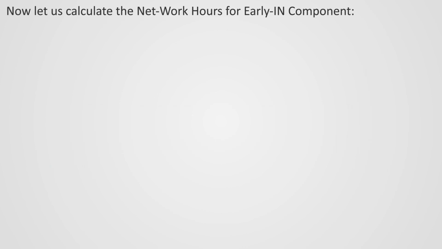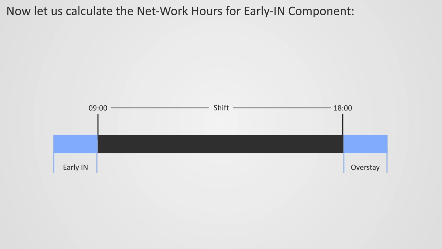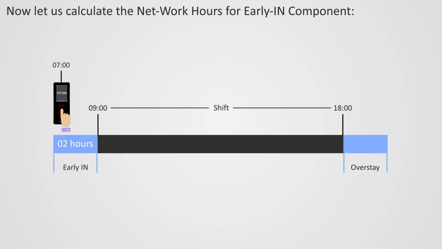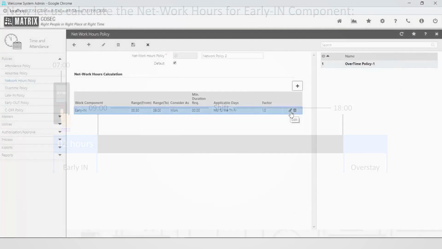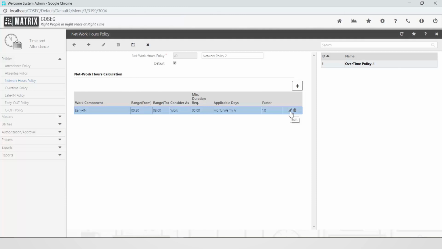Now, let us calculate the network hours for early in component. Shift timing of an employee is from 9 to 18 hours. Employee's in punch is at 7 hours. Therefore, early in considered is 2 hours. As per the configuration, the system starts early in calculation from 30 minutes onwards.